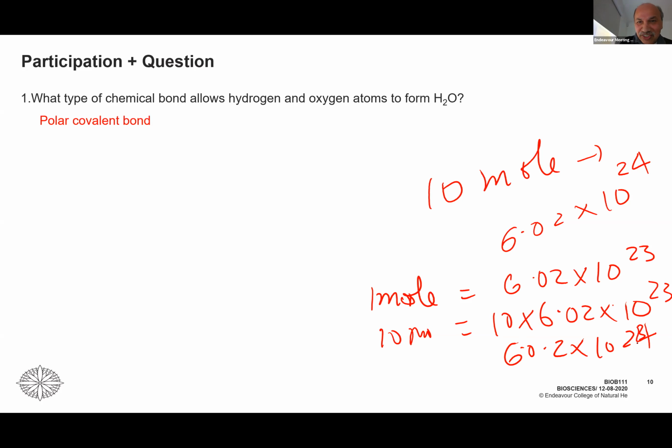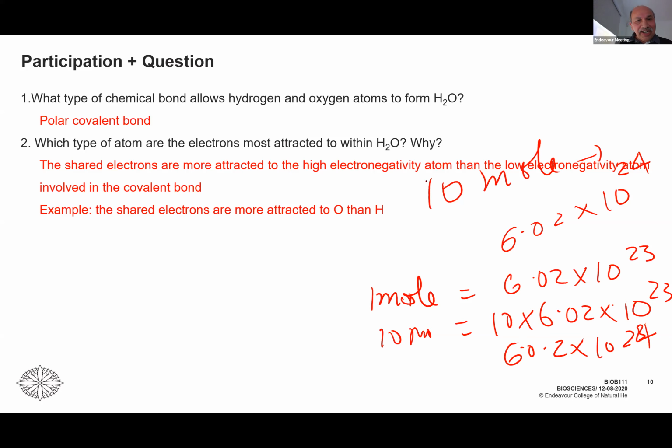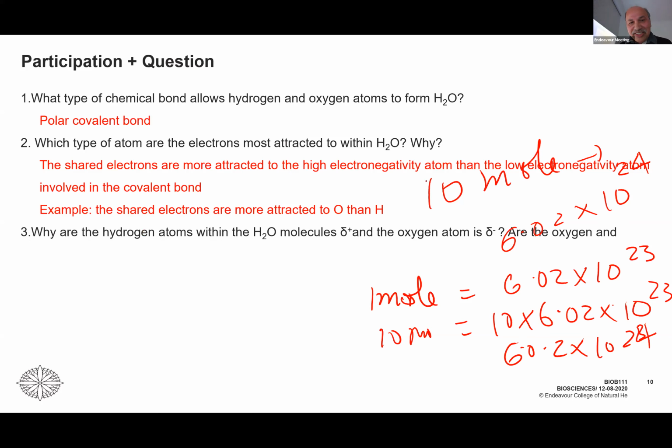Because oxygen is highly electronegative. It shares only 2 electrons with hydrogen. Which type of atoms are the electrons most attracted to? Oxygen, because it has a higher electronegativity. Correct. The shared electrons are more attracted to the high electronegativity atom than the lower electronegativity atom. So in the covalent bond, shared electrons are more attracted to oxygen than hydrogen.